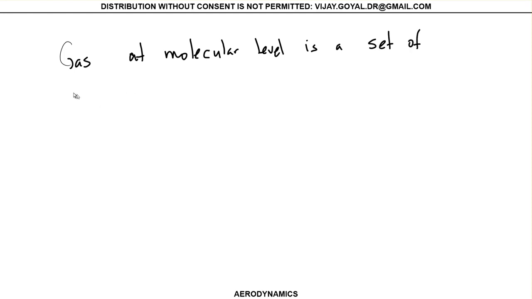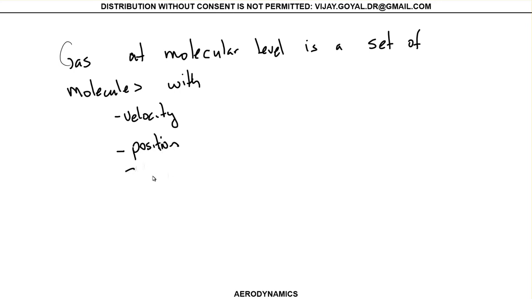So let's write this down. I just said that a gas at the molecular level is a set of molecules with velocity, position, and energy.